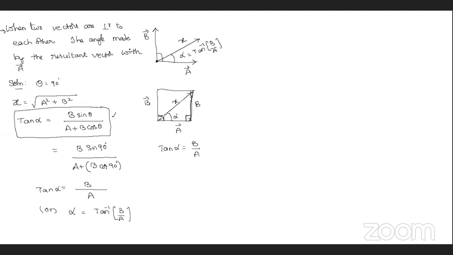If they are perpendicular, you can construct one rectangle here. If you give the names P, Q, R, S, PQR is one right angle triangle. In the right angle triangle, straight away without using the formula, you can say tan alpha is equal to opposite side by adjacent, that is B by A. This is the shortcut. But conditions apply. It is valid only when two vectors are perpendicular to each other. Otherwise, we have to use the above formula.